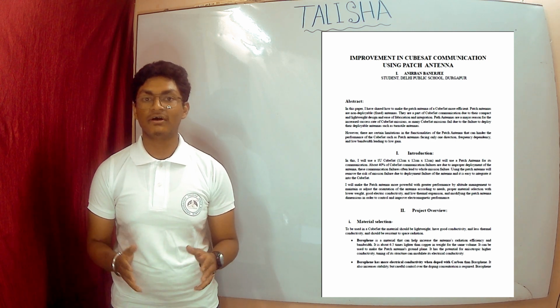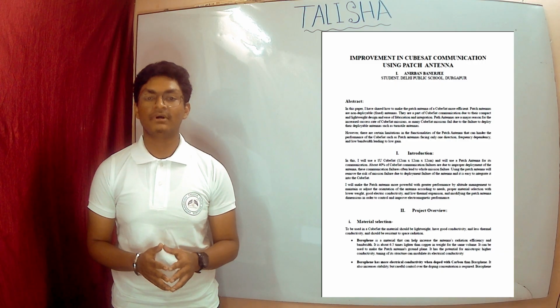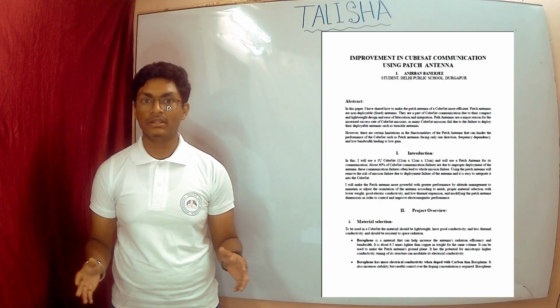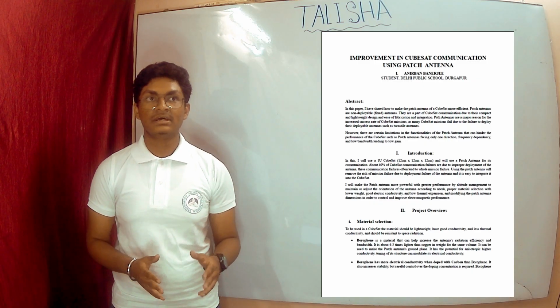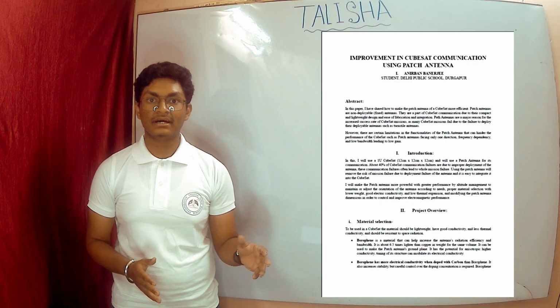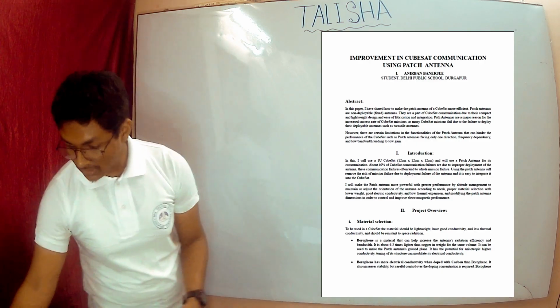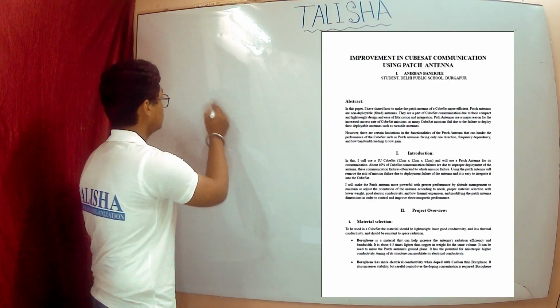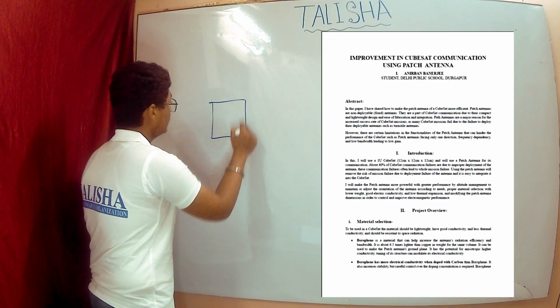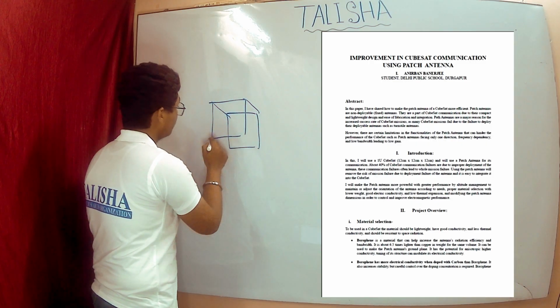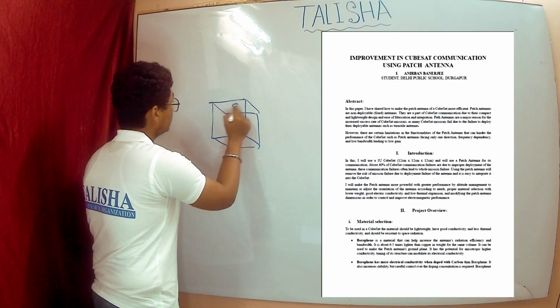CubeSats, or all satellites, have two types of antennas, that is deployable and non-deployable. Most of the CubeSats that use a deployable antenna are using the turnstile antenna. If we take this as a CubeSat and then make the picture of a deployable antenna, it is something like this.